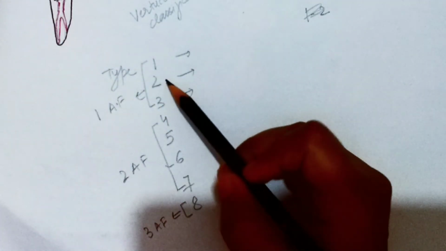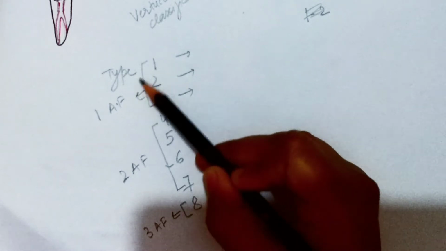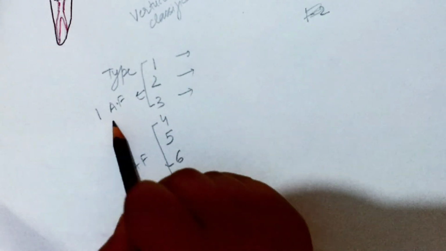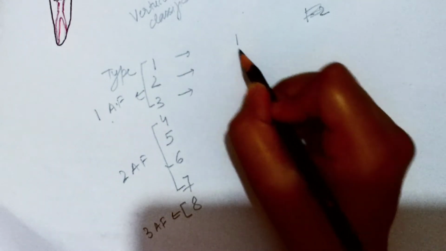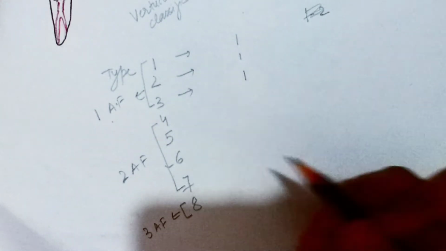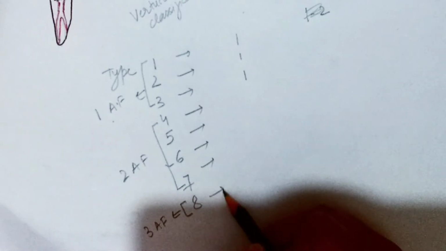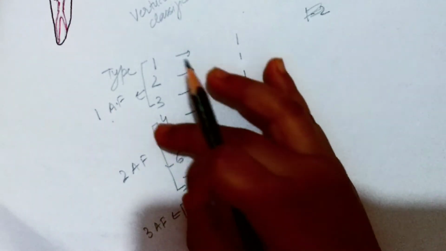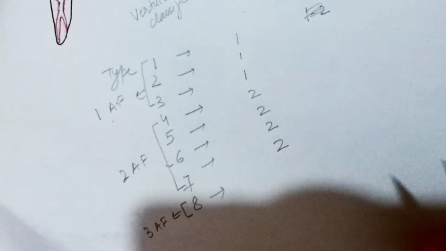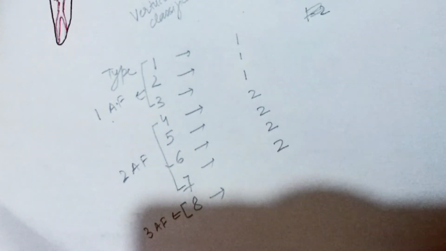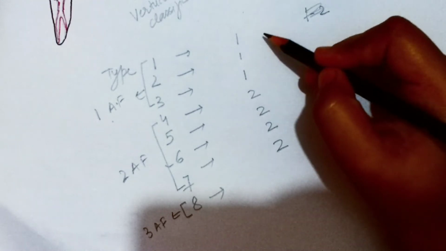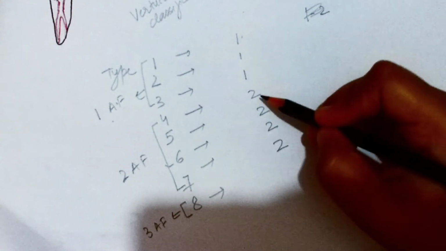In the first group we have types 1, 2, 3, and as we know, it has only 1 apical foramen. So on the extreme right I will write 1, 1, 1, which represents that they have only 1 apical foramen. Then in the second group we have 2 apical foramen, so on the extreme right I am going to write 2. Now we will leave the first number of both the columns.